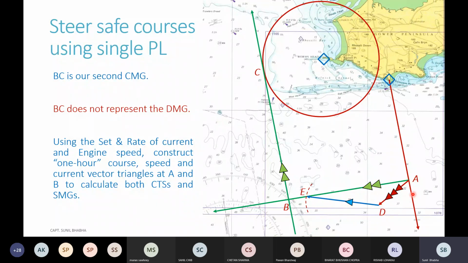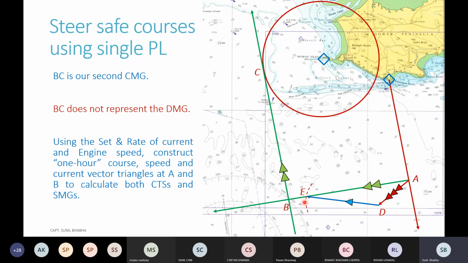So if you look carefully, triangle ADE is the course, speed and current vector triangle at our initial arbitrary point A. You have the current vector AD for 1 hour, the CTS vector DE, the blue color vector, for 1 hour, and AE, the green color vector, represents the course made good and speed made good vector relevant to 1 hour.